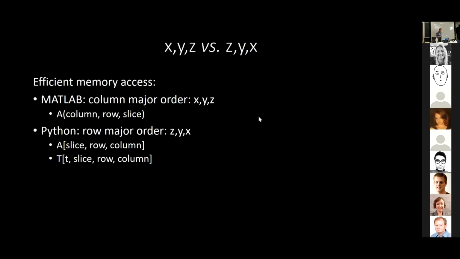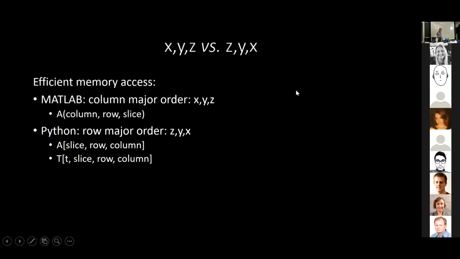One thing that comes to mind is how do you address your arrays? MATLAB, which was written in Fortran some very long time ago, addresses matrices in column major order, like X, Y, and Z. In Python, which is written in C, it's opposite. And how do you handle this?